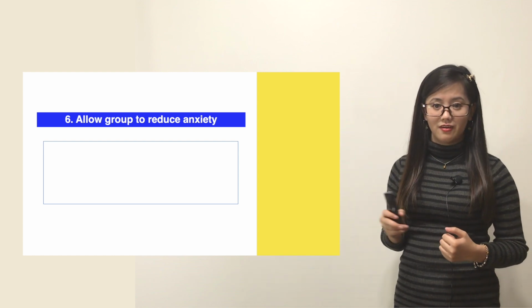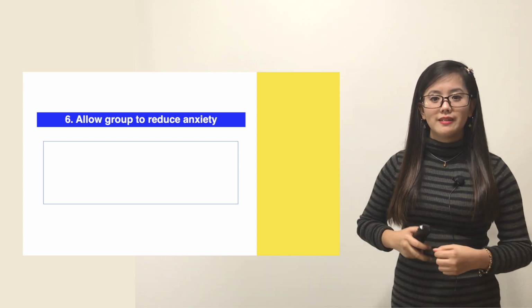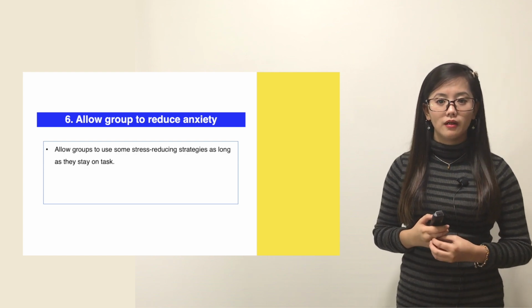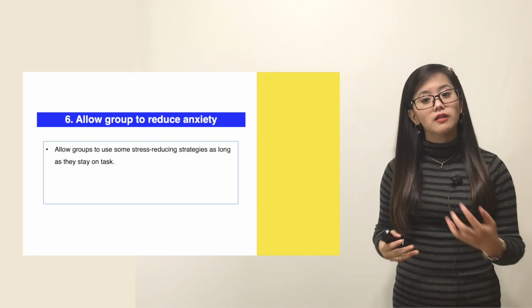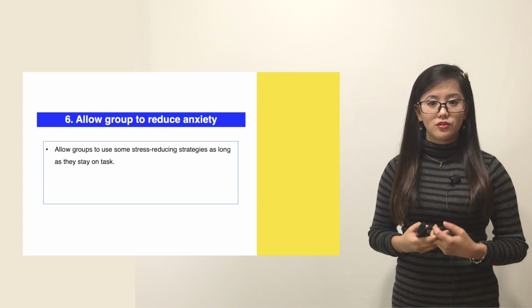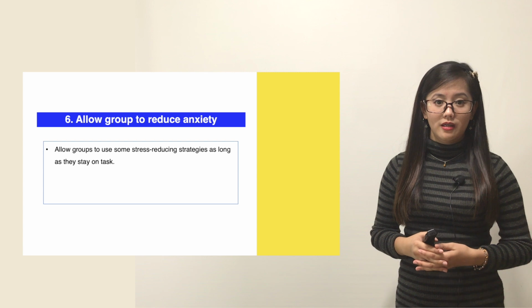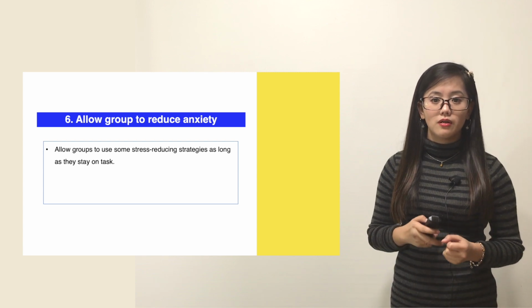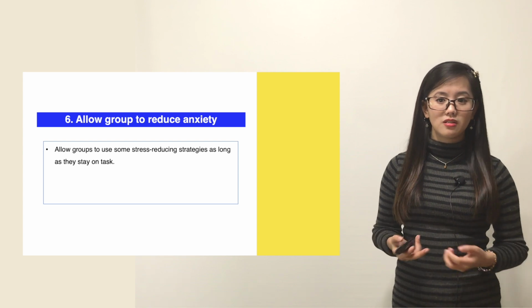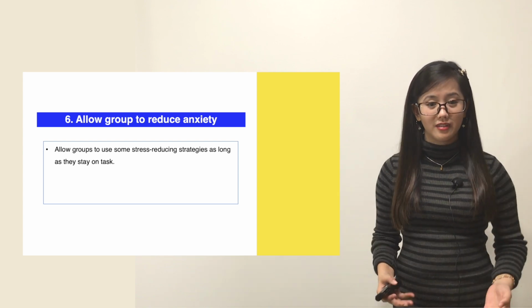Anxiety, all right? When tackling difficult concepts, group learning may provide a source of support. It allows the group to use some stress-reducing strategies as long as they are staying on the task.